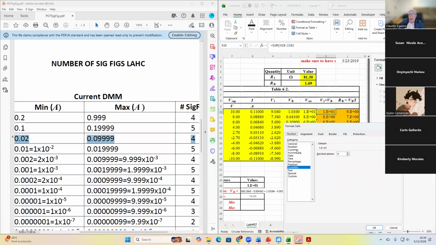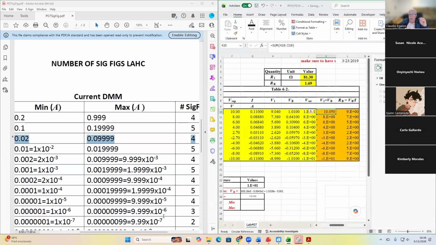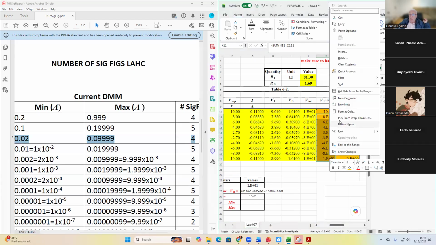Format cell. Number 1, 2, 3. Here you go. 3 decimal places, 4 decimal places, right? Display with 3. This one has 5. So everything else should be 3 decimal places.